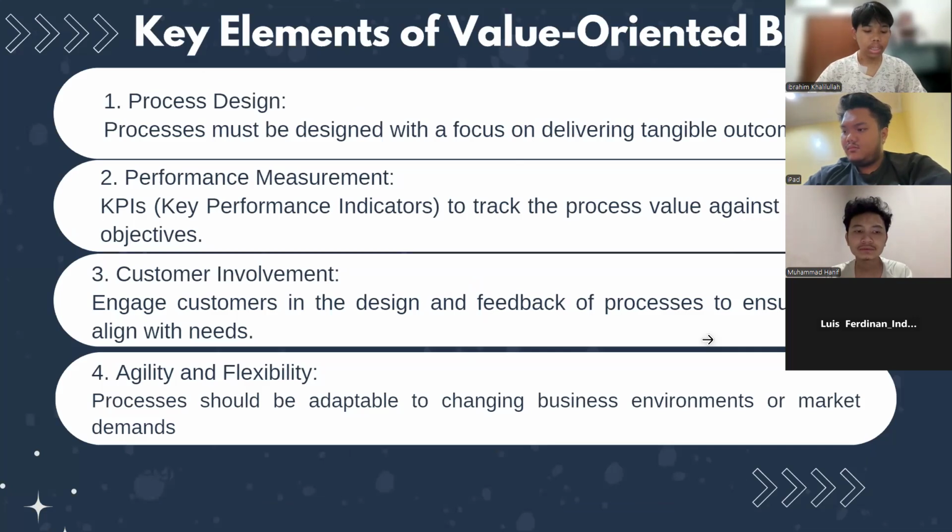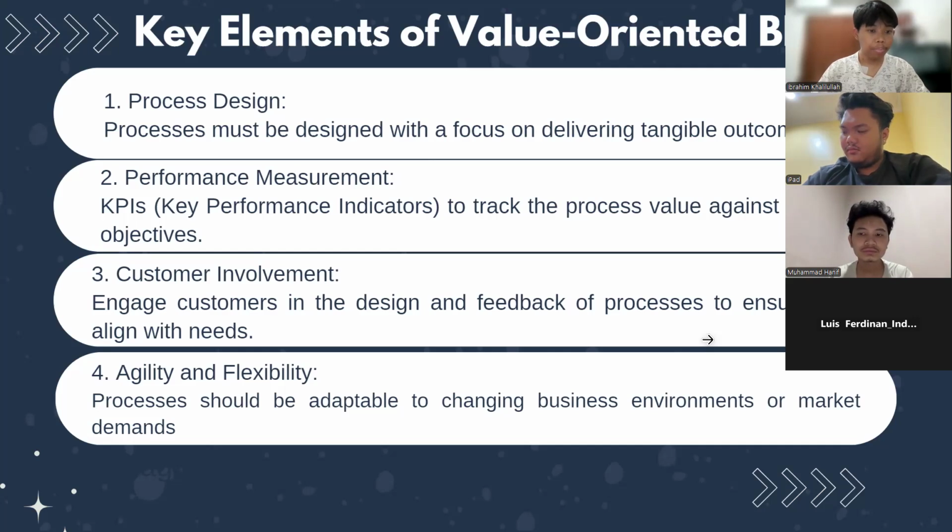The next is key elements of value-oriented BPM. The first is process design. Processes must be designed with a focus on delivering tangible outcomes. The second is performance measurement: key performance indicators to track the process value against business objectives.